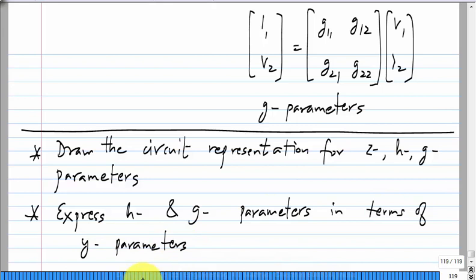Okay. It's just a matter of taking the linear equations you have and manipulating them so that the dependent and independent variables are what you want them to be. Okay. So please do this. We'll continue from there later.